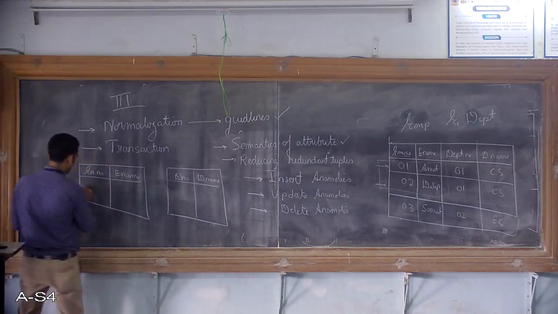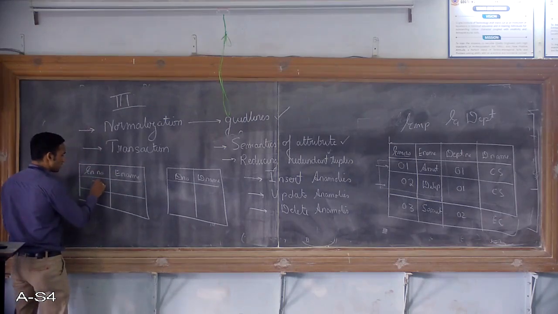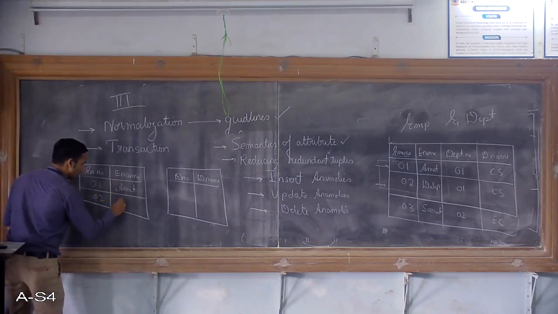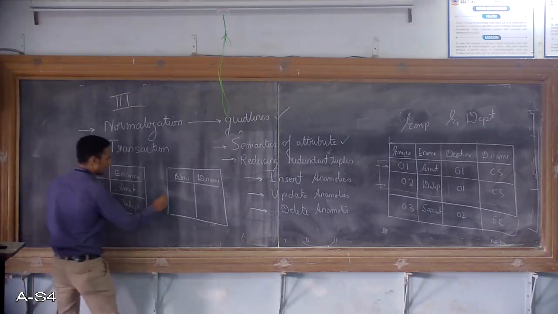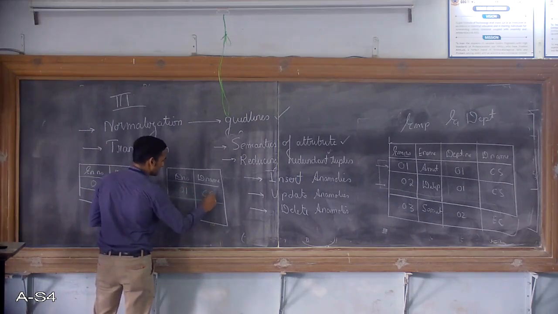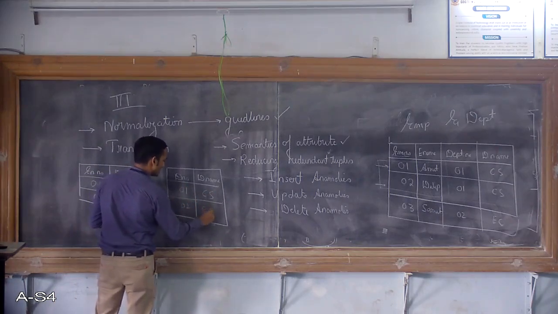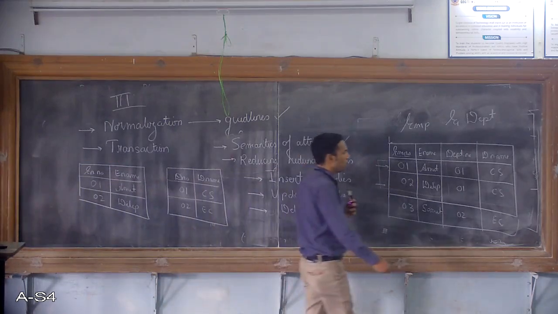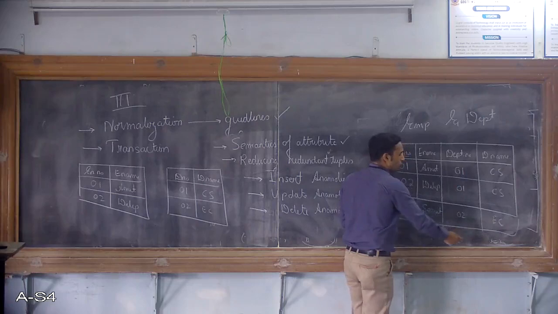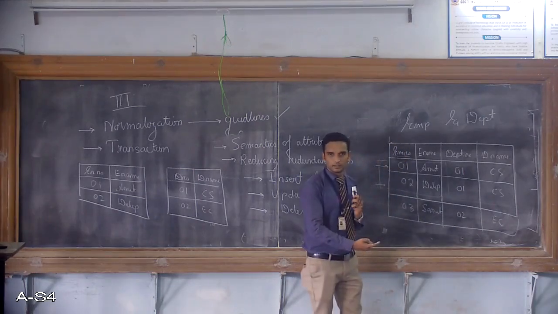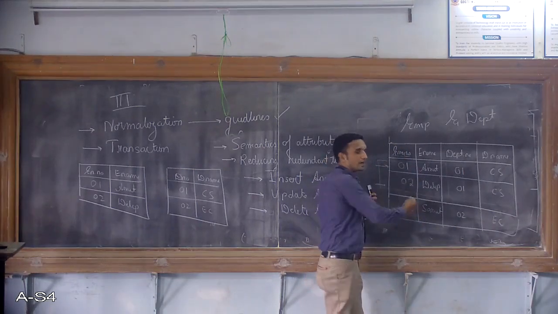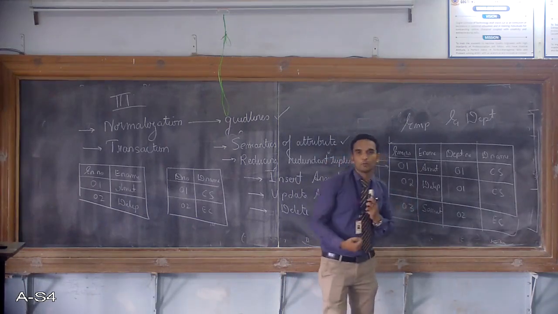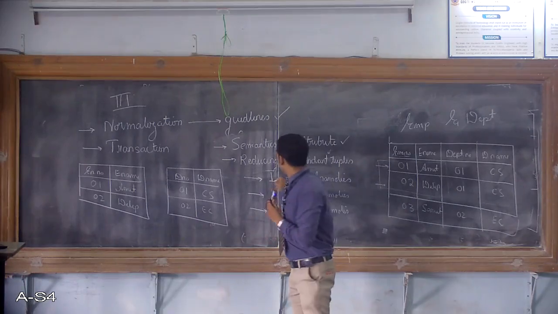Assuming that I have only two employees here, employee 1 Amit, employee 2. So what happens while inserting is, unless there is a department assigned to that employee. See, when we join this, what problems arise? First and foremost is insert anomaly.